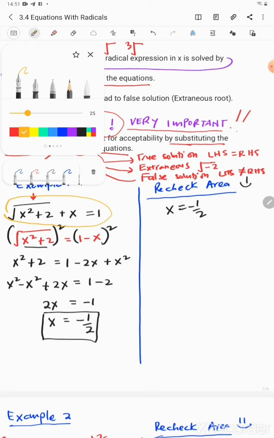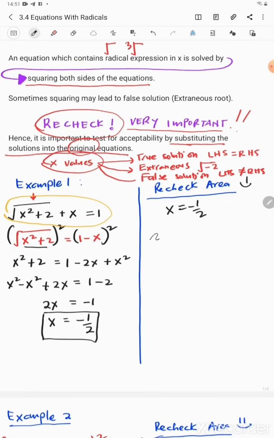So we substitute and get the square root of, 1 over 2 squared plus 2, plus negative 1 over 2, equal to 1. Now we simplify. We get the square root of 1 over 4 plus 2, minus 1 over 2, equal to 1. So press the calculator: 1 over 4 plus 2.